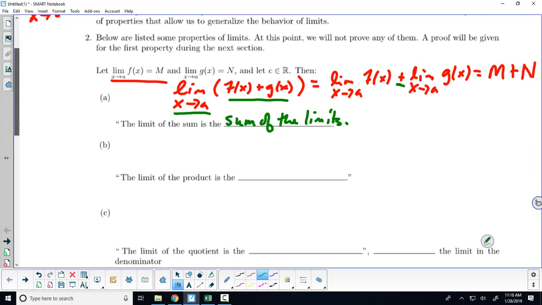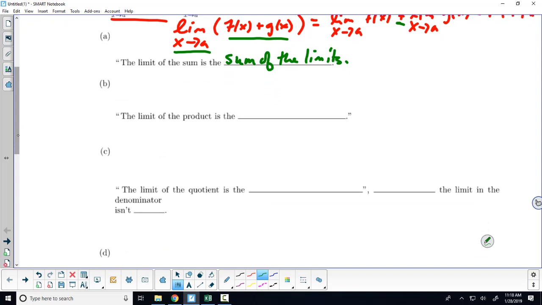Okay, so I'm clarifying what we can do. The limit of a product, let me just tell you, is the product of the limits. Okay, so that's worth putting on a little note card. What are we saying there?